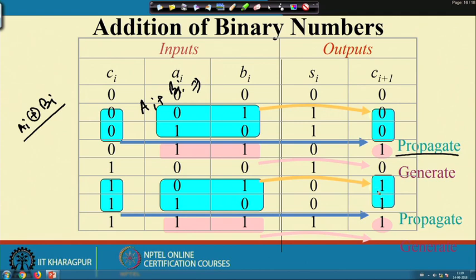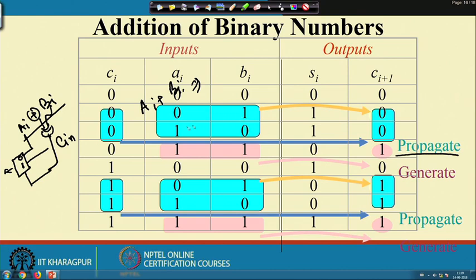Okay. So, now if I consider this, this is the C in, which is at 1 and this is at 0. So, for XOR of this A I and B I, for the 0 1 case, what is happening?